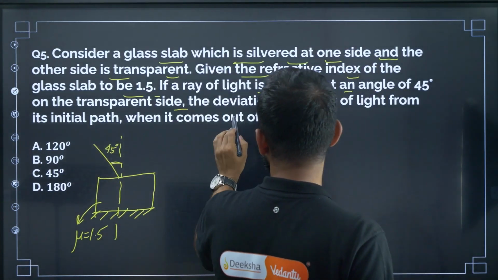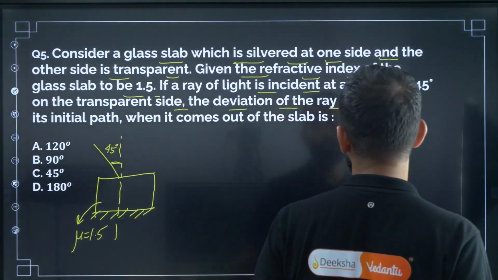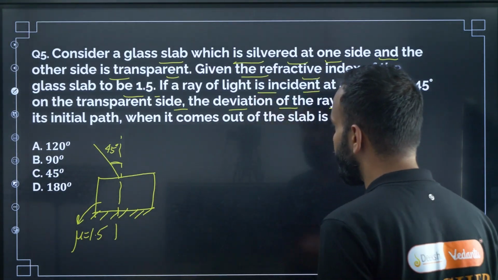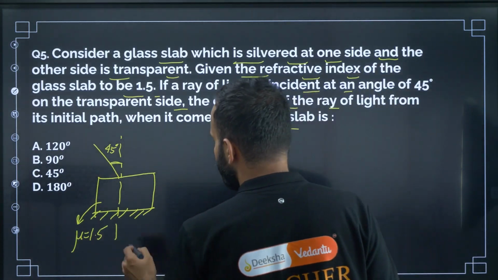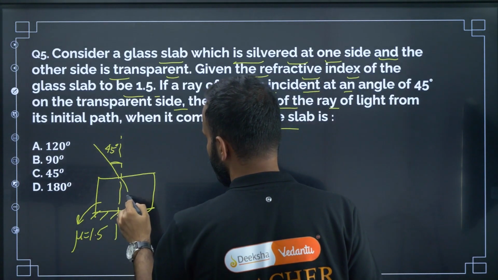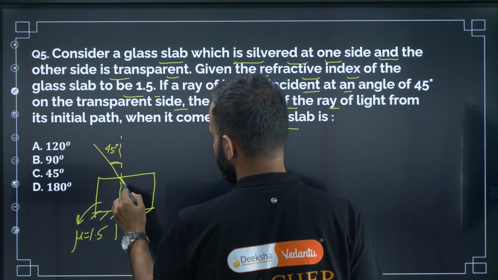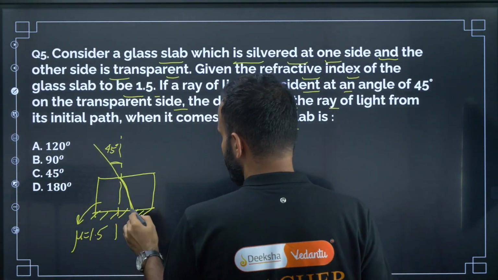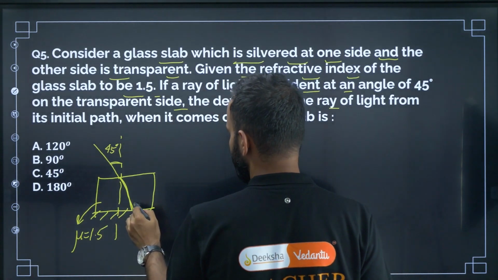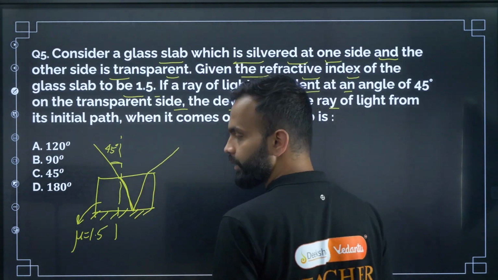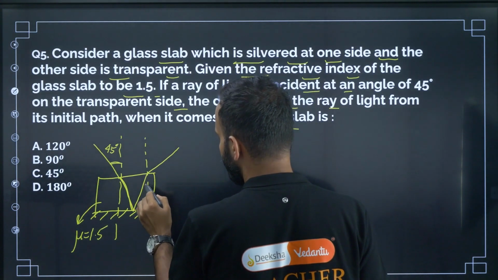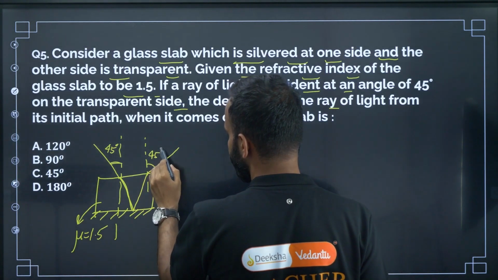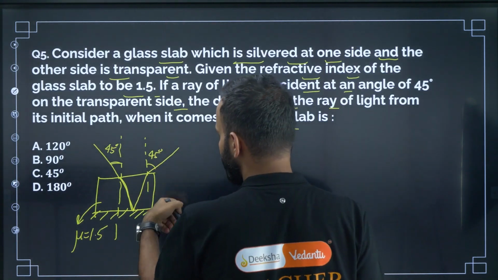On the transparent side, the deviation of the ray of light from its initial path when it comes out of the slab. So here there will be a refraction, and at this point there will be a reflection, and then refraction. So here the angle of refraction is 45 degree.